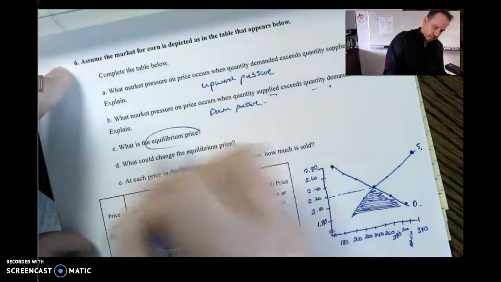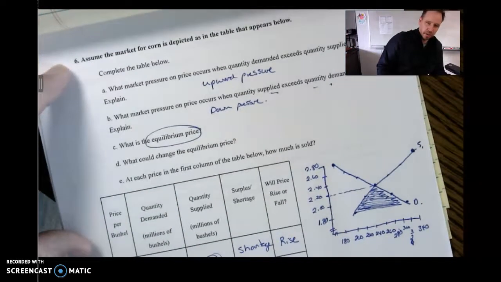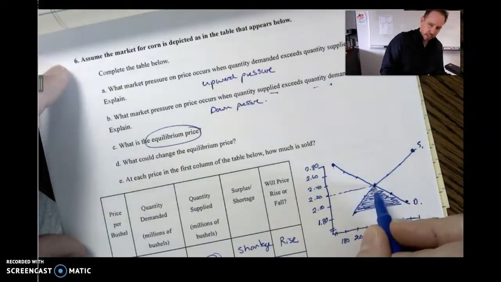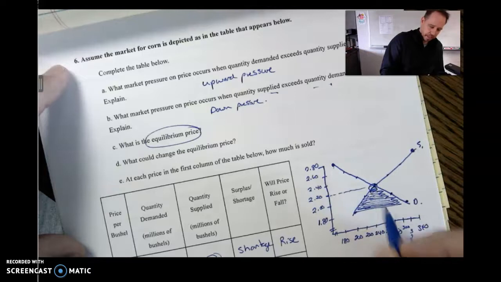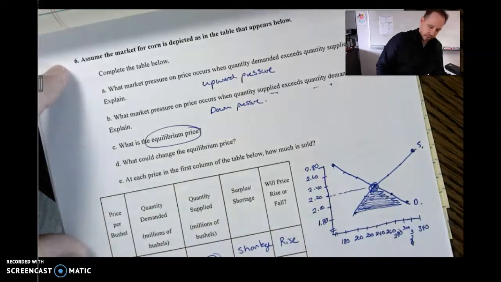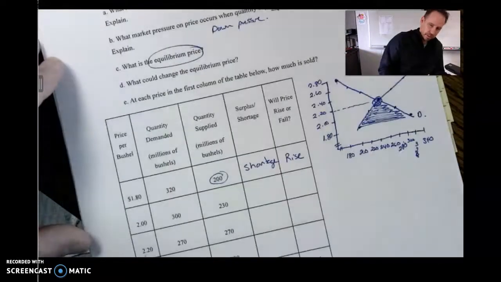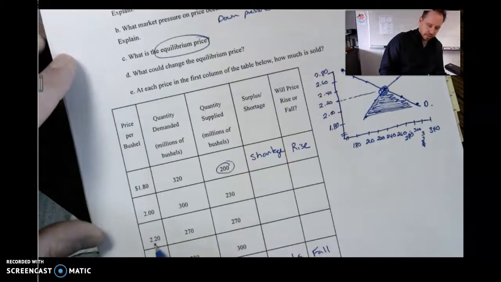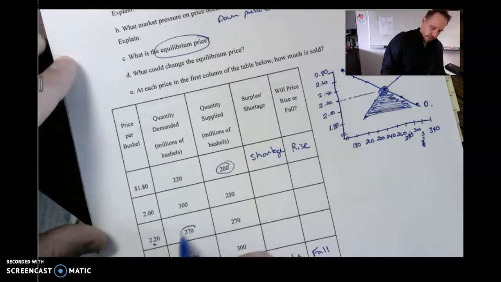This continues until we reach what we call equilibrium, which all markets naturally gravitate towards. That is where the quantity supplied and the quantity demanded equal each other. In this case, that's a price of $2.20, where 270 are demanded and 270 are produced.